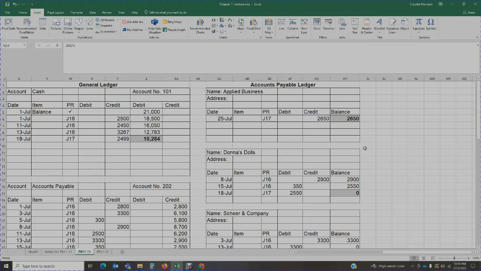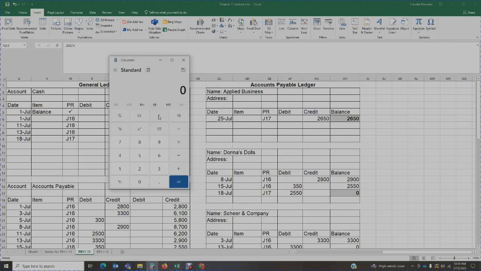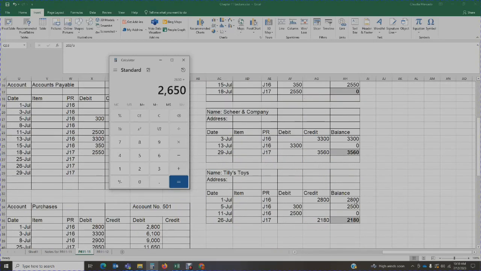Now, before I even move on, something very important to do is get your calculator out and make sure that you verify that your balance on your accounts payable ledger ties to your general ledger for accounts payable. So I'm going to add my 2650. Donna's Dolls has 0, so we don't include it. I've got 3560 from Shearer & Company, and I've got 2180 from Tilly Toys.